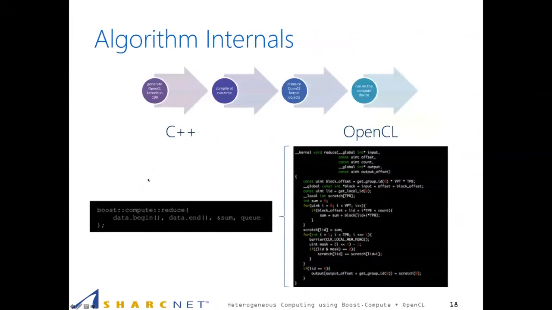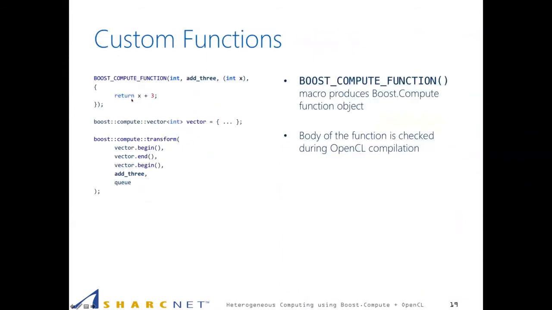If you want to add 3 to each element of your vector, you can define your function like this using the Boost.Compute function macro. This one is the type of the argument. This is the name of the function, add3.